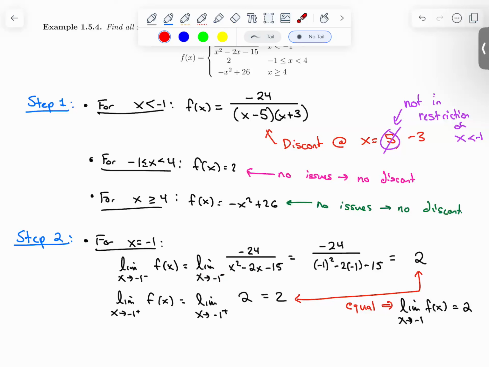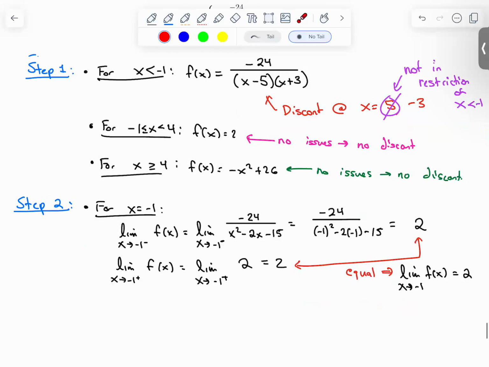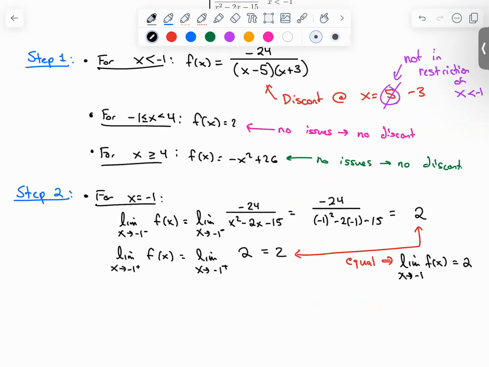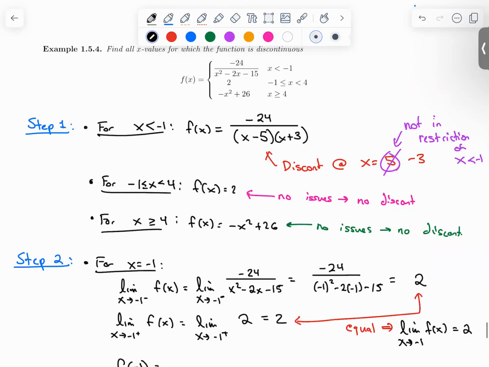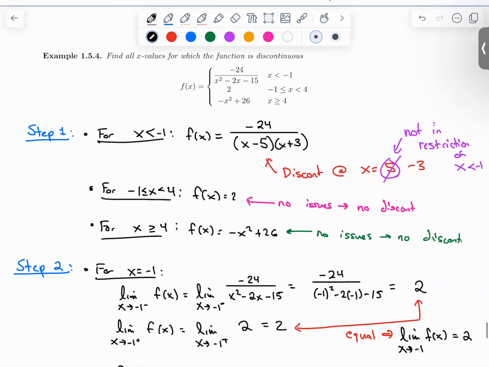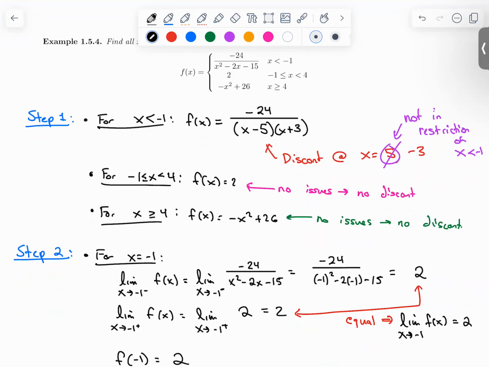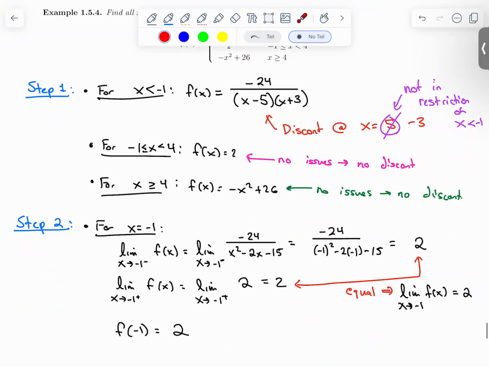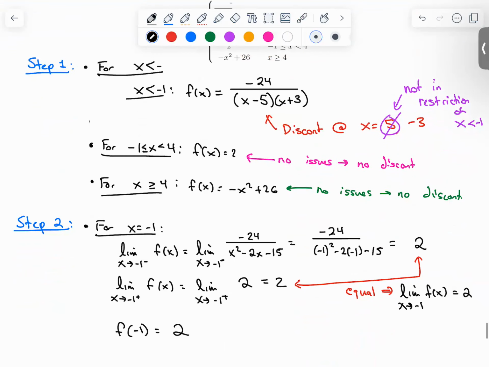So the full limit exists. That's not enough. Remember, that means that the limit exists, but we also need to check the function. So that's part, and then f of -1, because the function is defined, is just 2, because at -1 your function is the constant function 2. So they're equal.